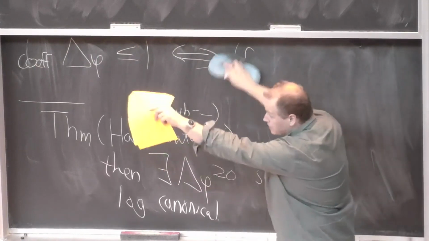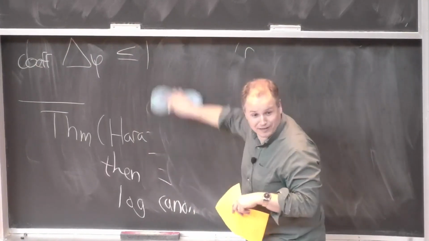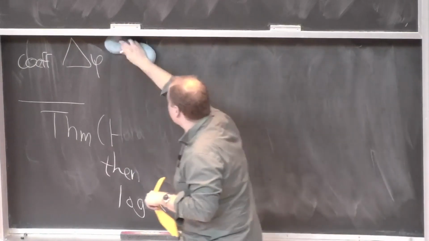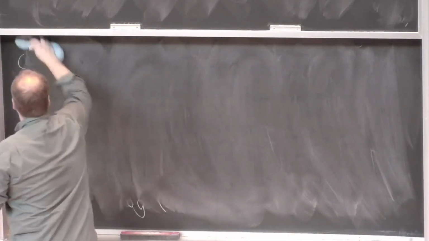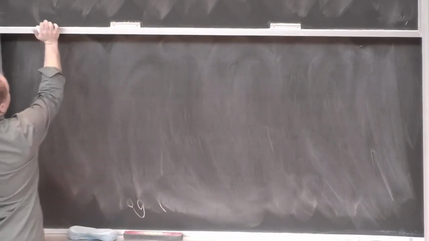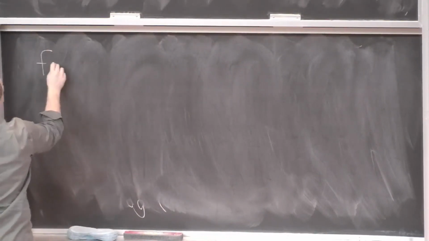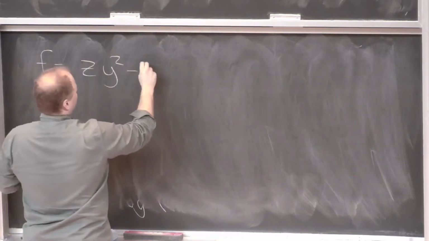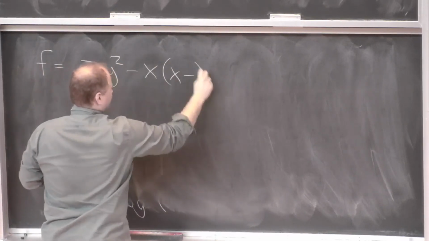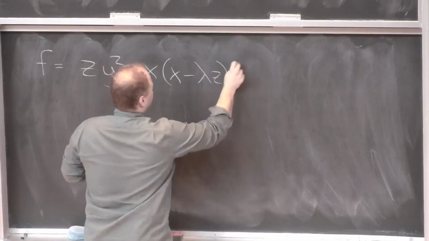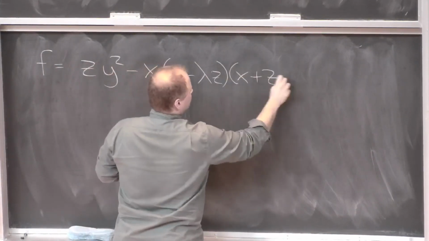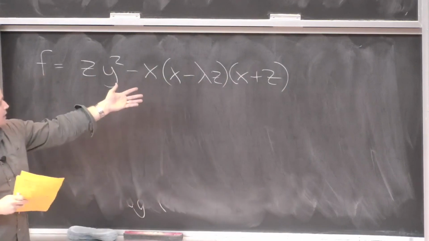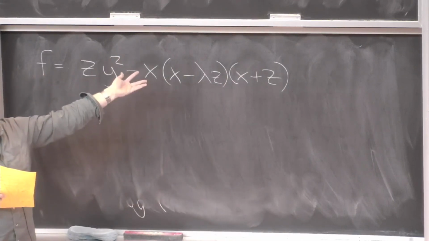So let's do the cone over the elliptic curve example. Maybe F is like z y^2 minus x times (x minus λz) times (x plus z). This is the homogeneous equation of an elliptic curve, right?